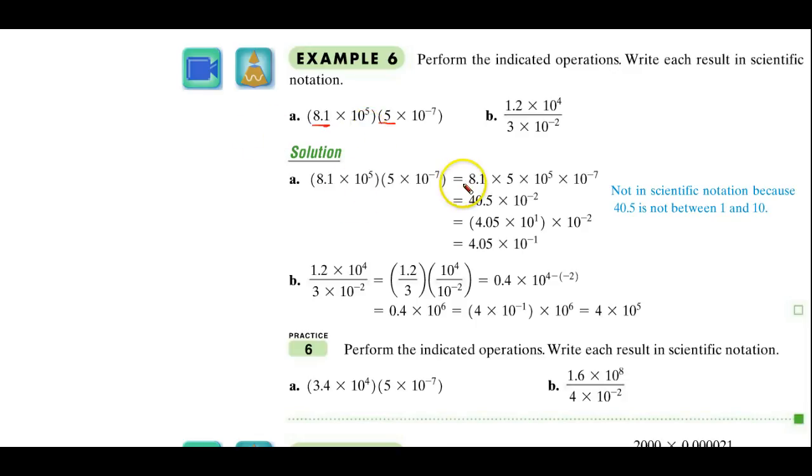And that gives us 40.5. And then we're going to times this by this, and we just add exponents. So this will be times 10 to the negative 2.